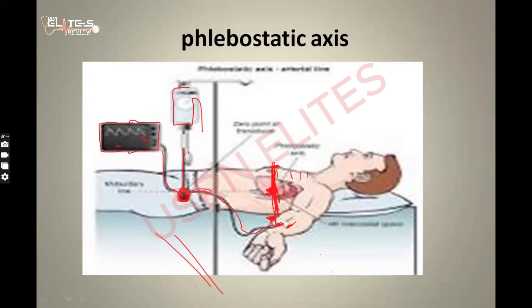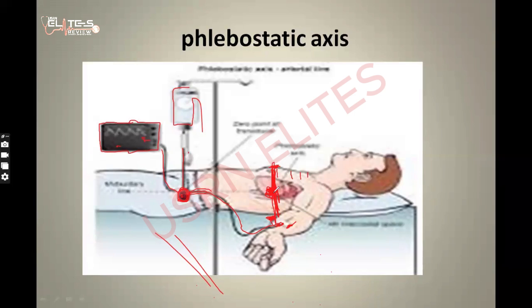Okay, why we are interested in the position or the level of this transducer is that if you don't keep it at this phlebostatic axis or this line, please, you see, we took the point from here. We measured the fourth intercostal space, mid axillary line or anteroposterior midpoints.